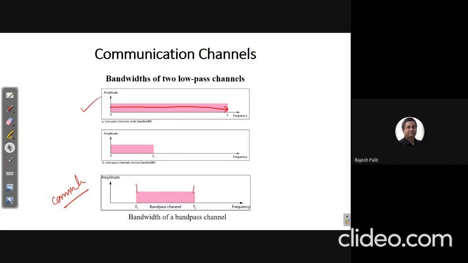That is, a particular band of frequency is passed or allowed. So this kind of signal is not suitable through the communication channel. This one is for the natural communication channel.